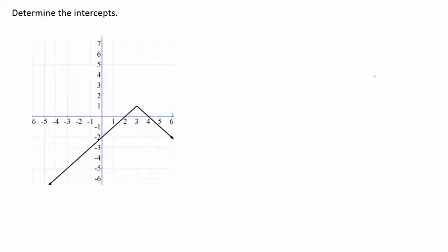Okay, so here we have the graph of some function, and I want to find the intercepts. Well, let's start with the x-intercepts. The x-intercepts are where the graph touches the x-axis, which is right here and here, and they're ordered pairs.